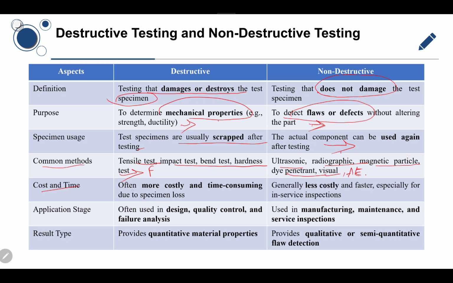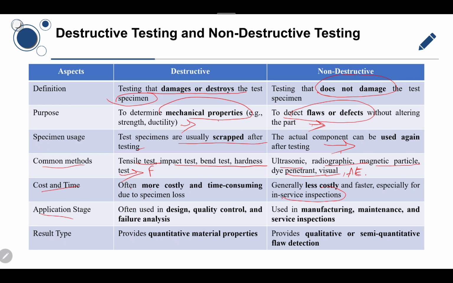On cost and time, destructive testing is often more costly and time consuming, but non-destructive testing is less costly and faster, especially for in-service inspection. Some machinery in the advanced techniques is costly.